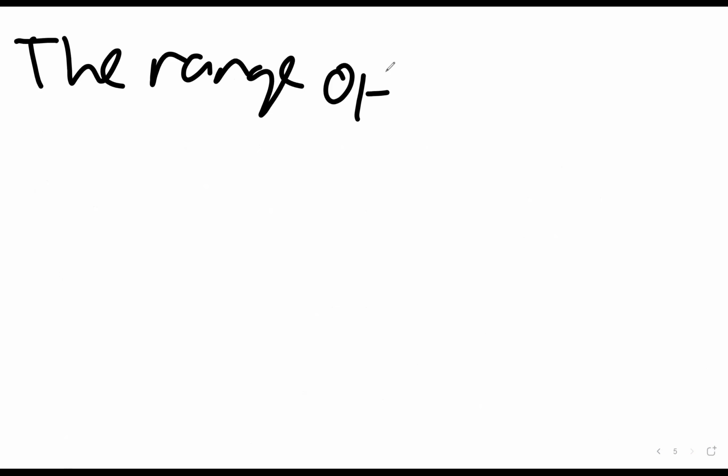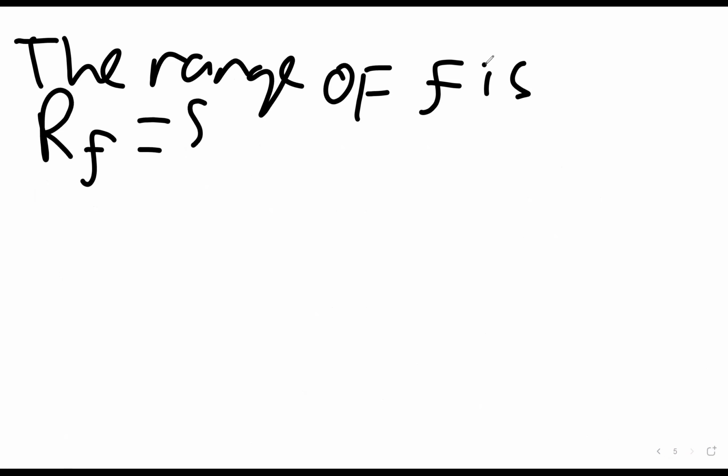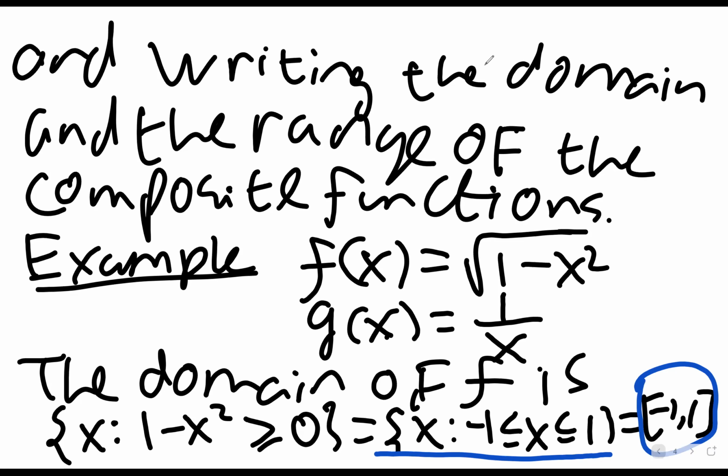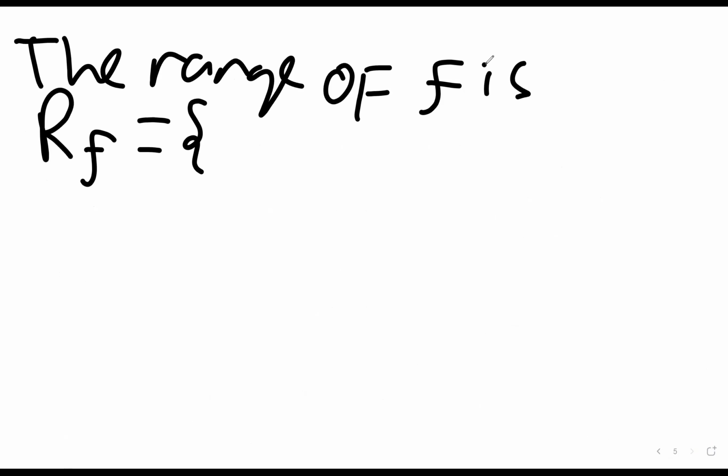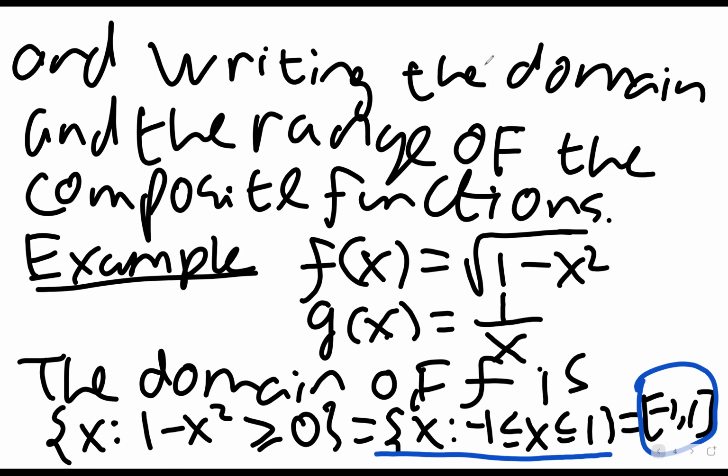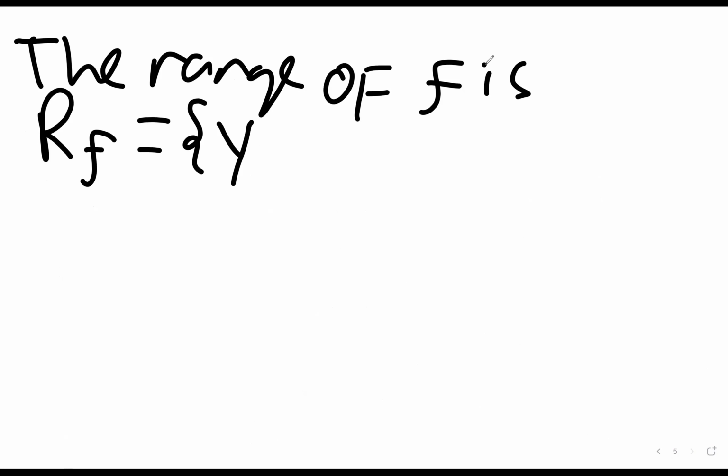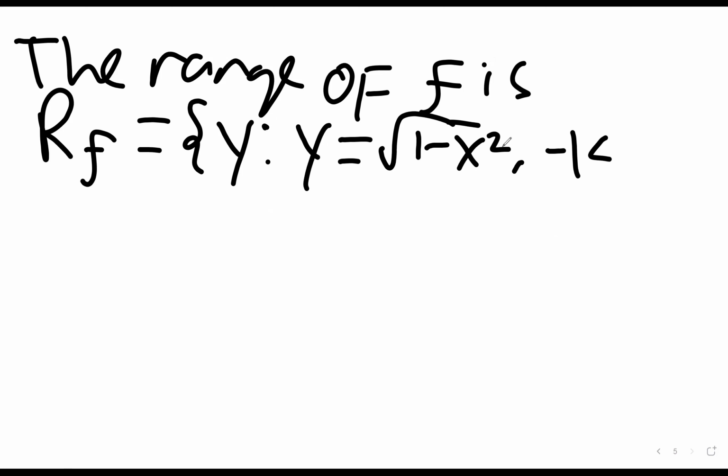And for the range of f, let's say R of f, equals the set of y for which y equals square root of 1 minus x squared, where x is between -1 and 1.